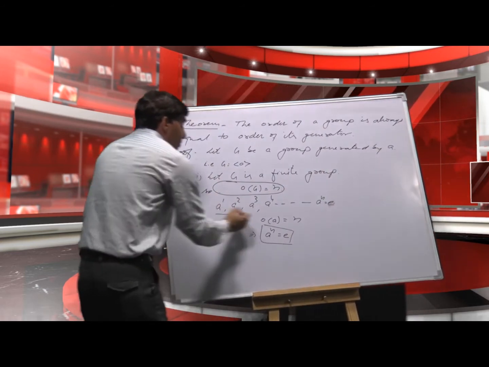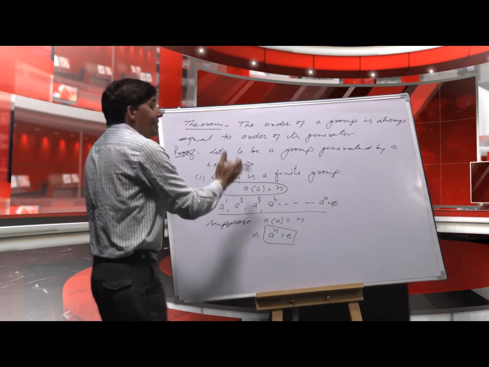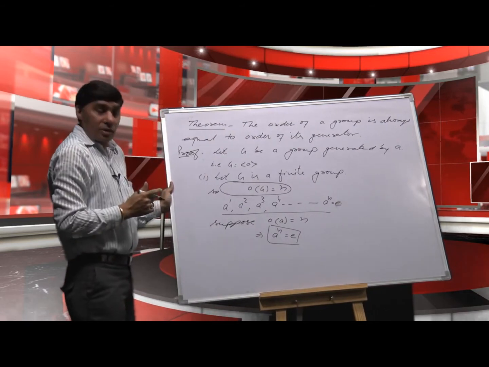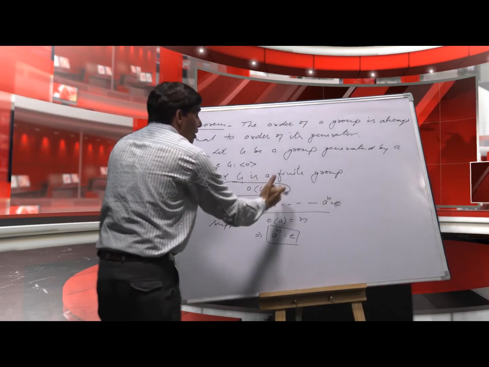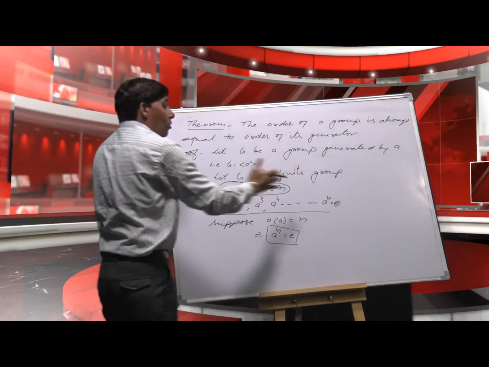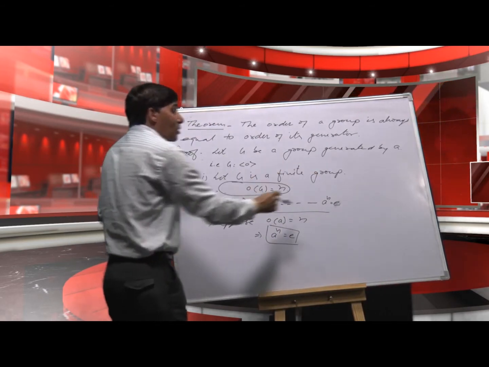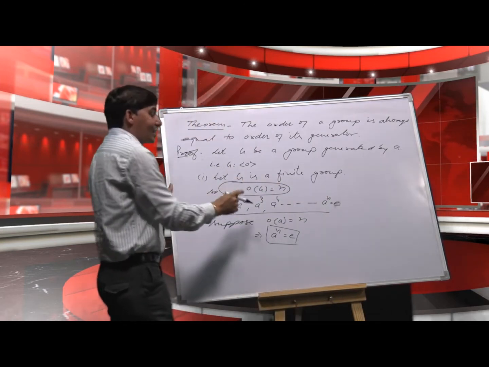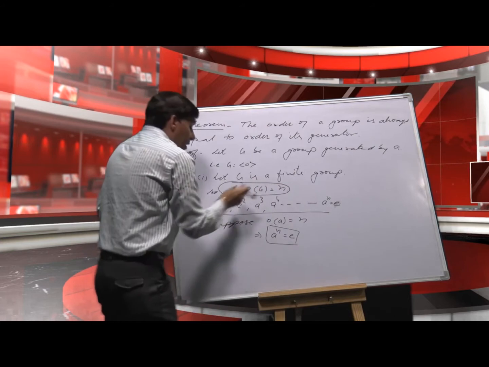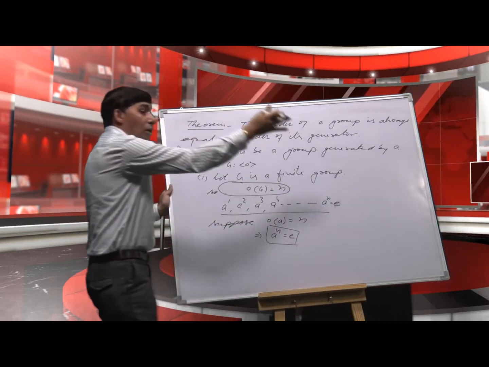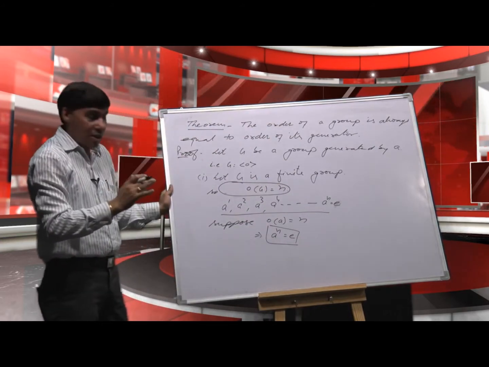That means there are n distinct elements, because n is the least positive integer such that a raised to power n is identity.